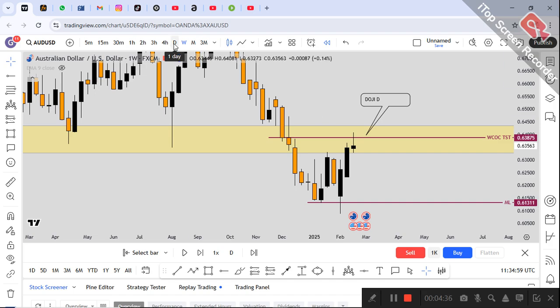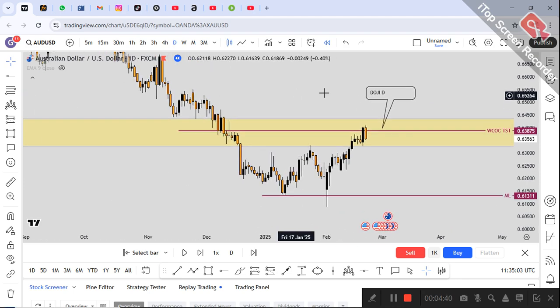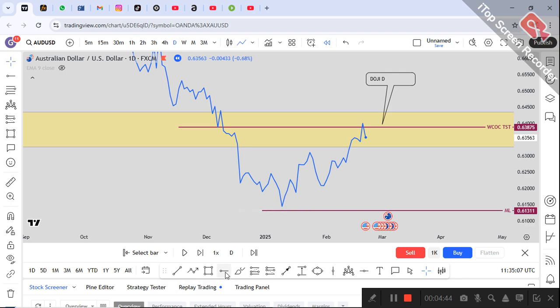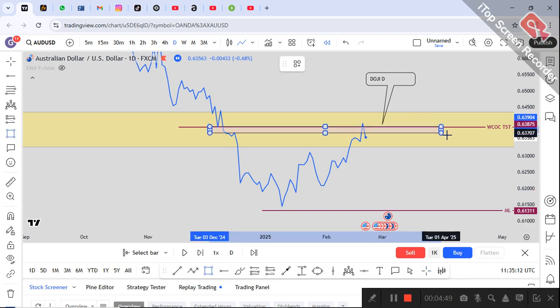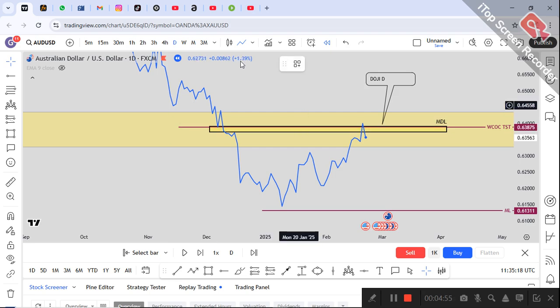So we are looking for any confluence that will tell us this market is bearish. Looking clearly at the daily time frame, you will find there was a middle of two structure liquidity which has been tested.